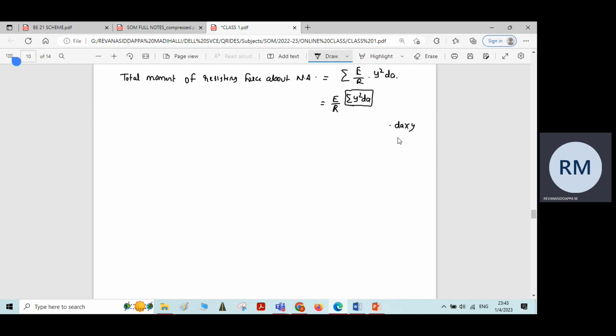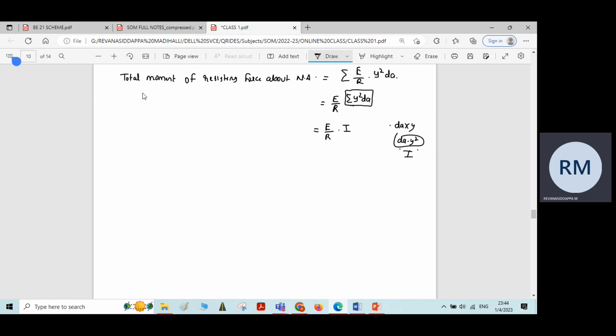If you find the second moment of area, it will be dA into y square. That second moment of area is nothing but the moment of inertia I. So area multiplied by distance square will give the moment of inertia. Therefore we can rewrite the above equation as E by R into I.